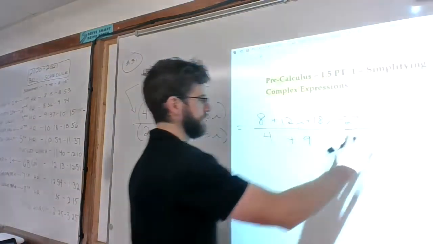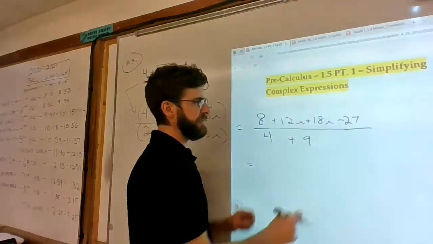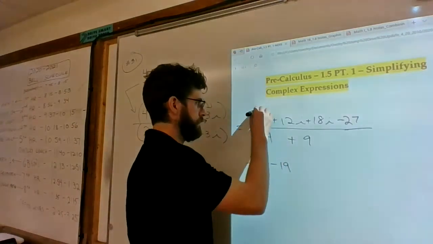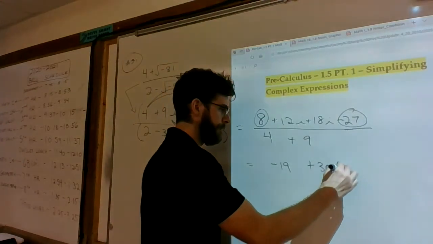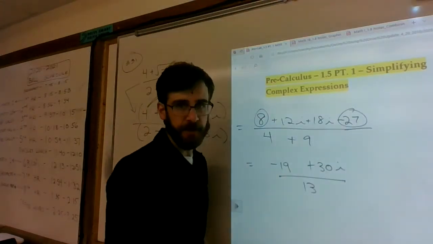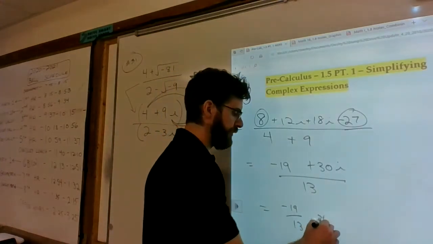Gone. So then 8 minus 27 should be negative 19, plus 30i over 13. Final answer? Negative 19/13 plus 30 over 13i.